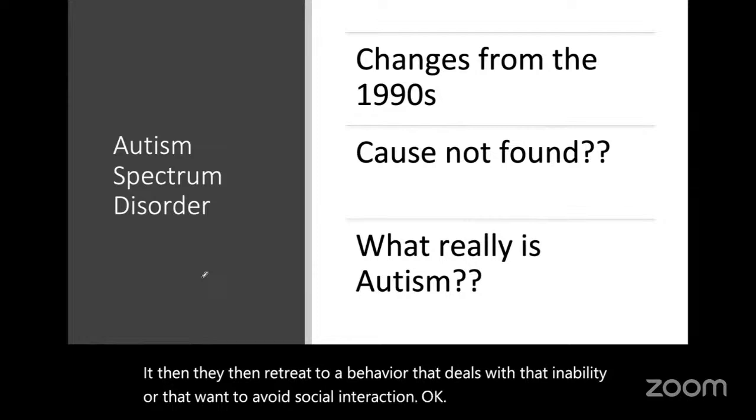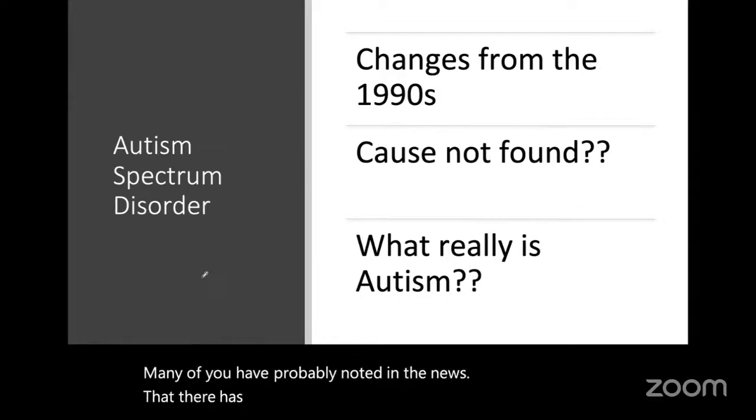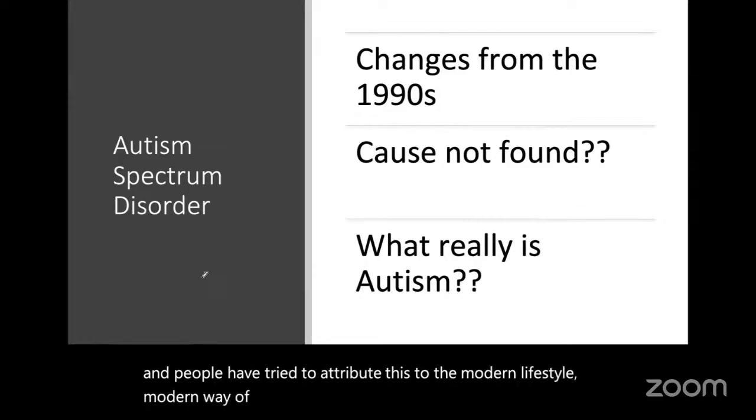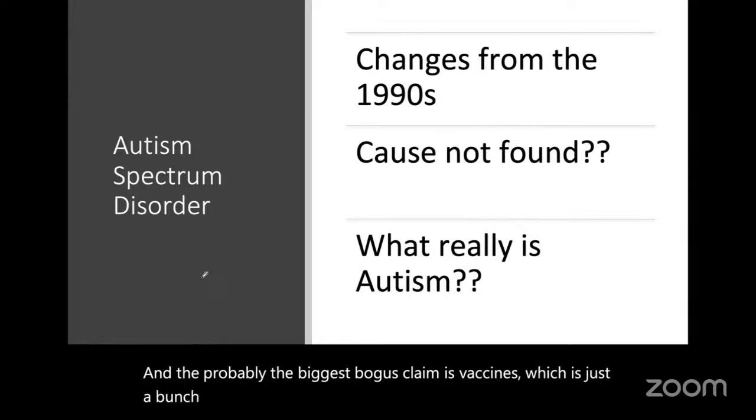Many of you have probably noted in the news that there has been a huge increase in the diagnosis of autism, and people have tried to attribute this to the modern lifestyle, modern way of parenting, and probably the biggest bogus claim is vaccines, which is just a bunch of crap.